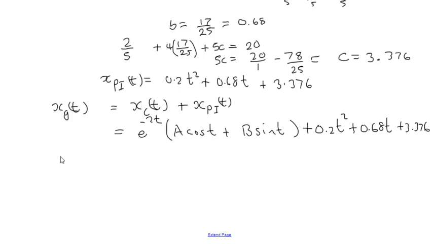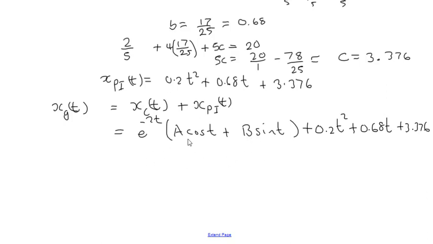In that way, our general solution will be complete, and only when we are given the initial conditions will we be able to determine these undetermined coefficients and then obtain a unique solution.